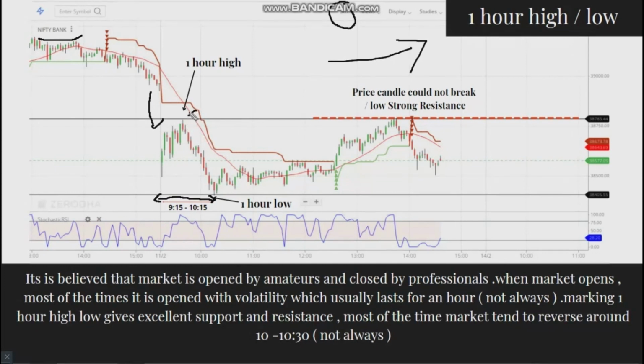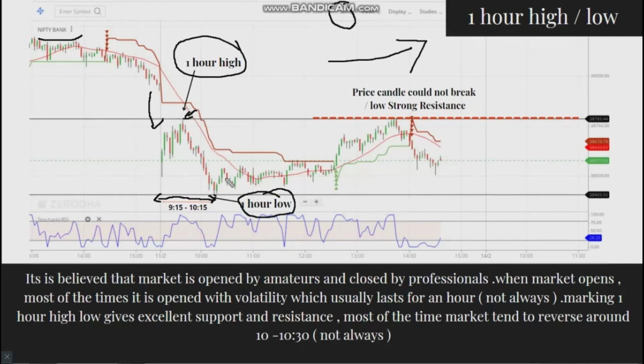Here it faced some resistance and started going down. So if we consider the highest and lowest point of 9:15 till 10:15, we will be marking this point and this point. So make a line, put a line here on both the ends. This is 1 hour high and 1 hour low for the present day.